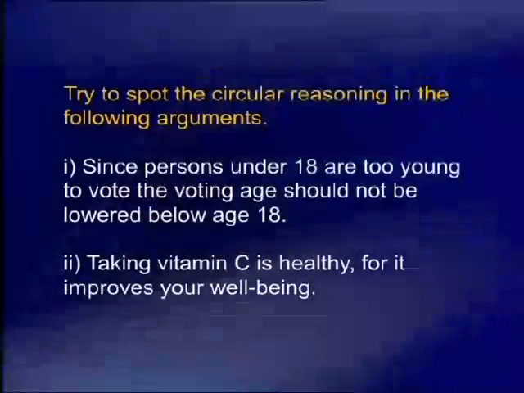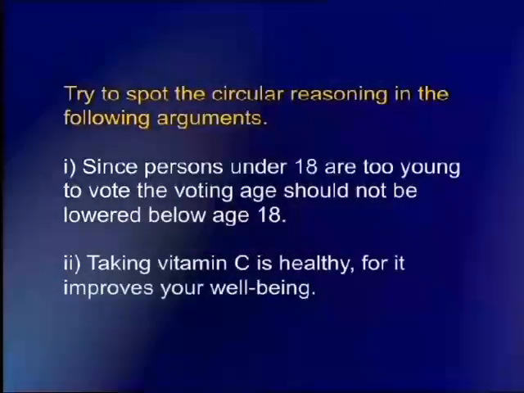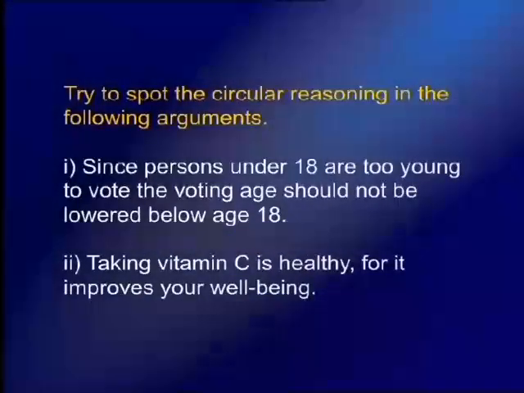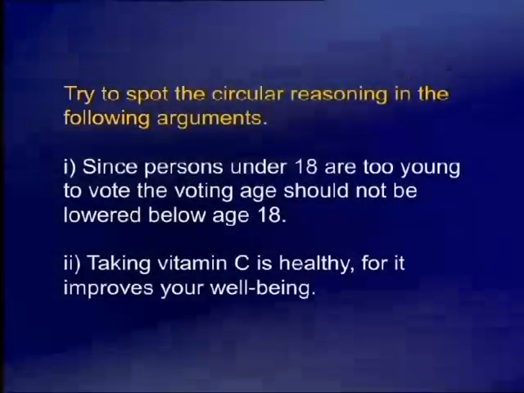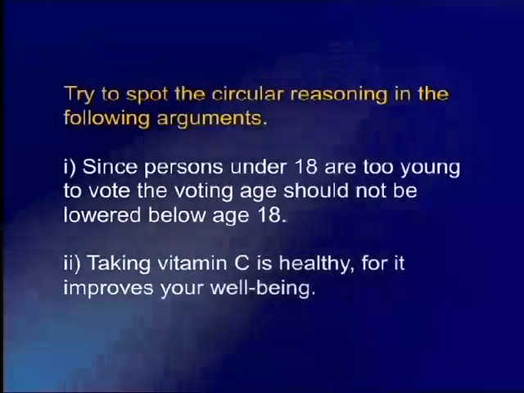Number 2, taking vitamin C is healthy, for it improves your well-being. Now, if you look closely at these arguments, you will notice the reasons merely repeat an important part of the conclusion. The careful reader wants to know the reasons, the supporting evidence, not a repetition.